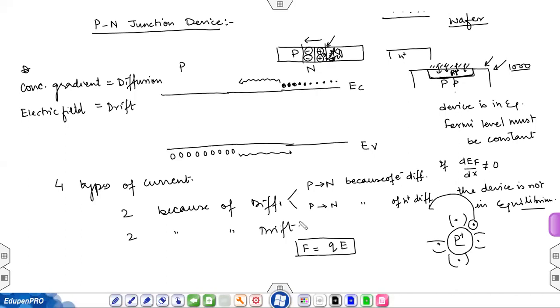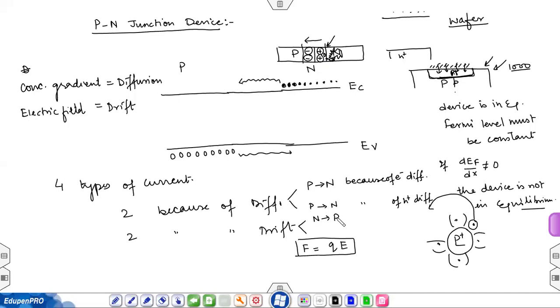So what does it mean? What is the current direction? N to P or P to N? N to P. Definitely N to P, because holes are present in N side, the minority charge carrier basically. Now I'm talking about the minority charge carriers.